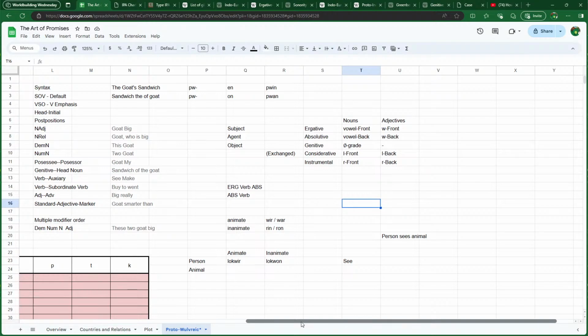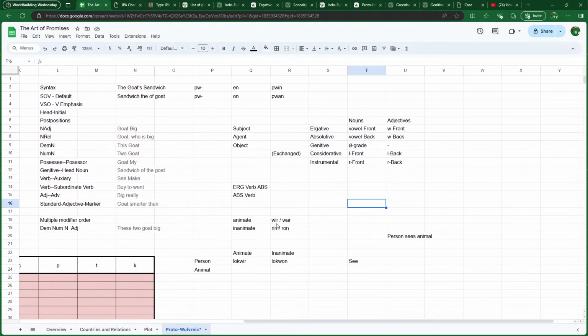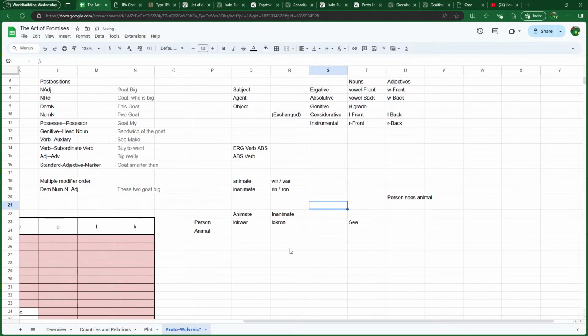Yeah, I think that'll do. Weir if it's front, war if it's back. Lokwar. And this Lokwar. And then this is Lokron. There we go. I like this. I like this so far. So Lokwar, Lokron.